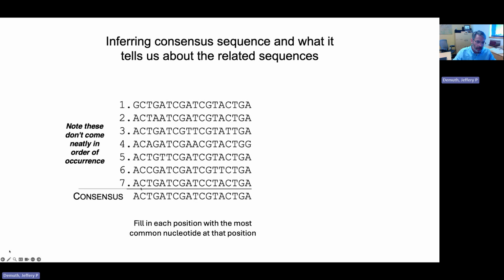And that one's easy because they're all C. But you can see if we go down the line, I've filled in the consensus with the most common nucleotide at each position. Oops, got these slides out of order. Fix that. Some weirdness going on with the animation there.